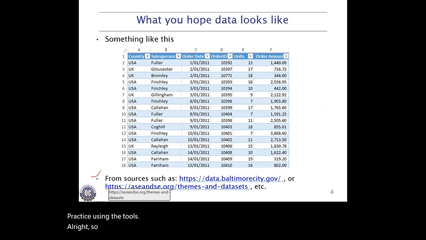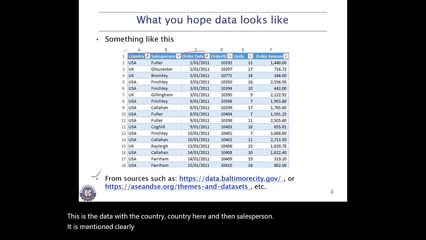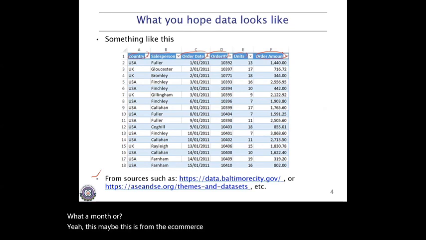So this is the data with the country here, and the salesperson. It is mentioned clearly, so it is easy to understand: order date, order ID, units, order amount. Maybe this is from an e-commerce company, for example.